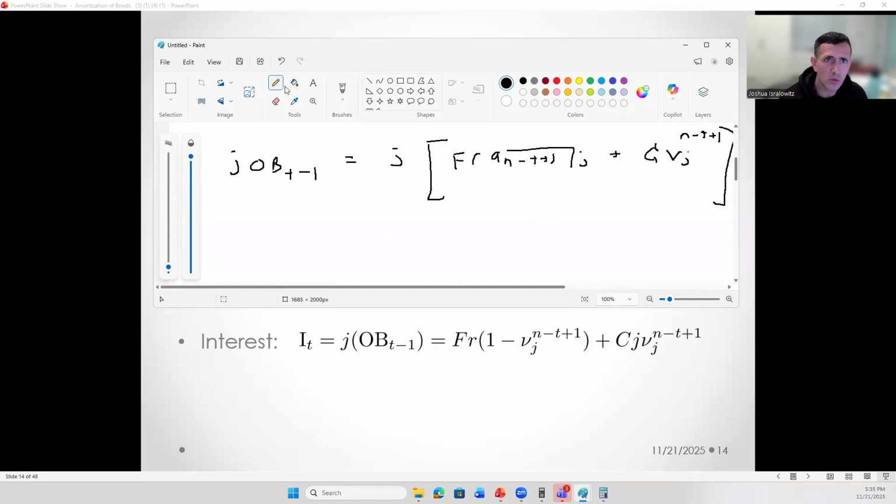Right, and of course, what is this here? This is just FR times 1 minus v^j to the n minus t plus 1, over j.